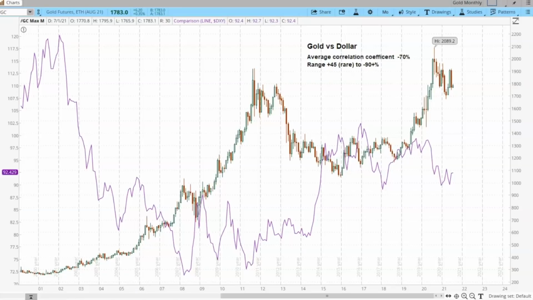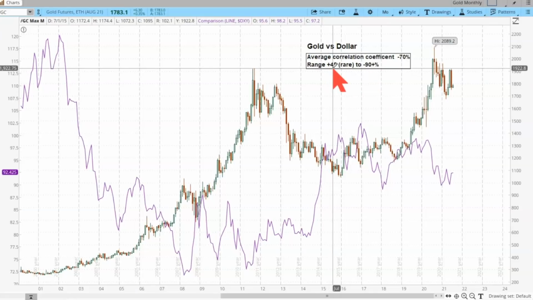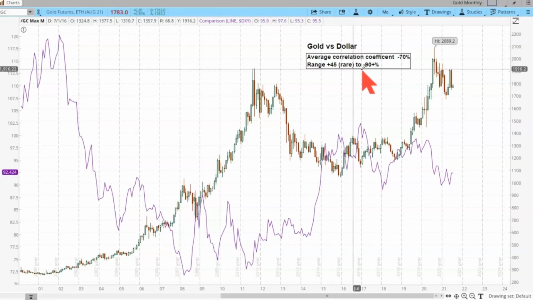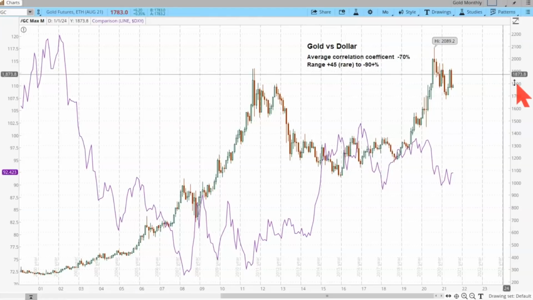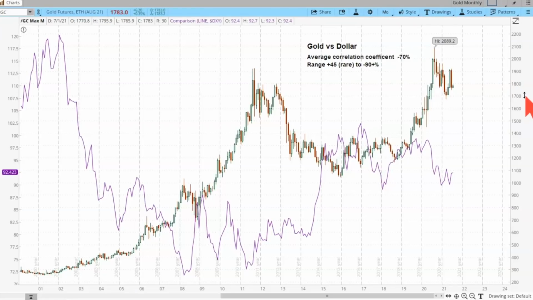The range, because there are time periods when they move together, is about plus 45 on the correlation coefficient, which is very rare and brief, to about minus 90%. In other words, it's almost an exact inverse correlation much of the time. That's really important, because if you can analyze one, you're actually analyzing the other, or the inverse, because it will be just about always inverse.